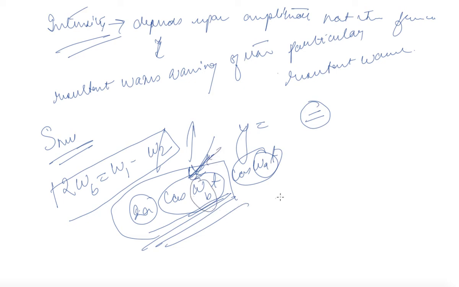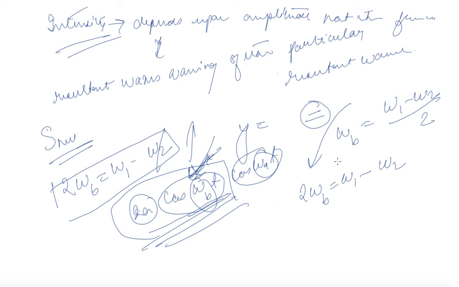So 2 omega b is equal to omega 1 minus omega 2. Now, what is omega b? Students often get confused with the terms, so the derivation is actually this: 2 omega b is equal to omega 1 minus omega 2. The resultant intensity will depend upon this.